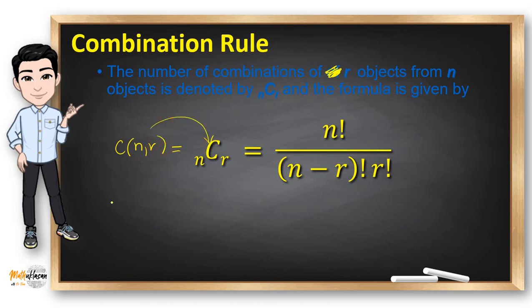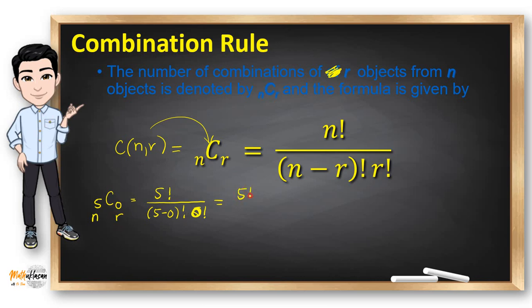Now, let's have an example. Say we are looking for the value of 5C0, or the combination of 5 objects taken none at a time. Here n is 5, r is 0.